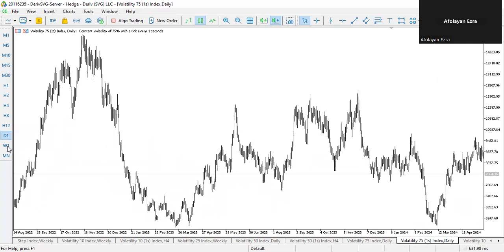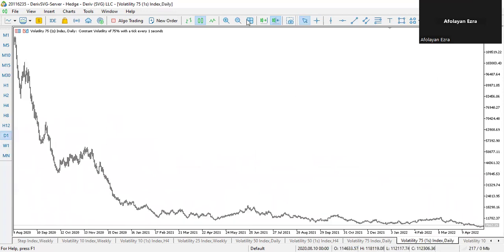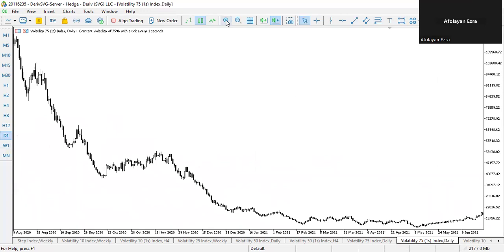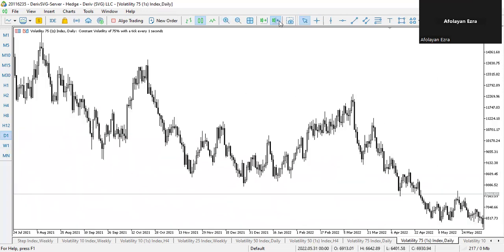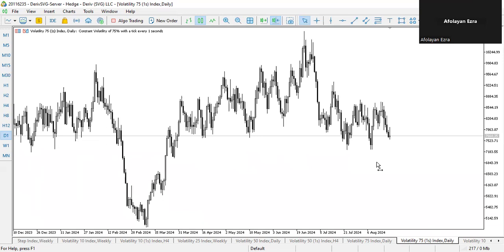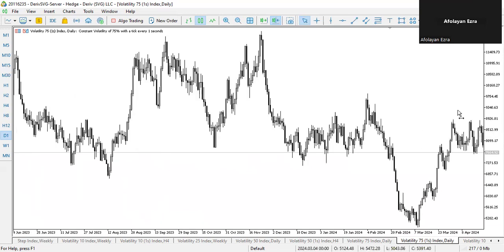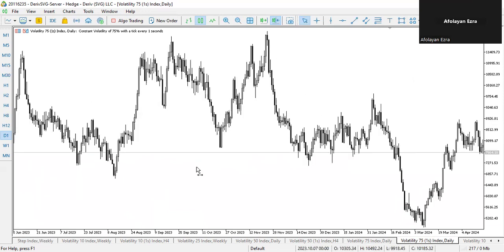Let me go to weekly first. So weekly took our structure. A buy structure is on weekly. So daily, what do we have? All right.